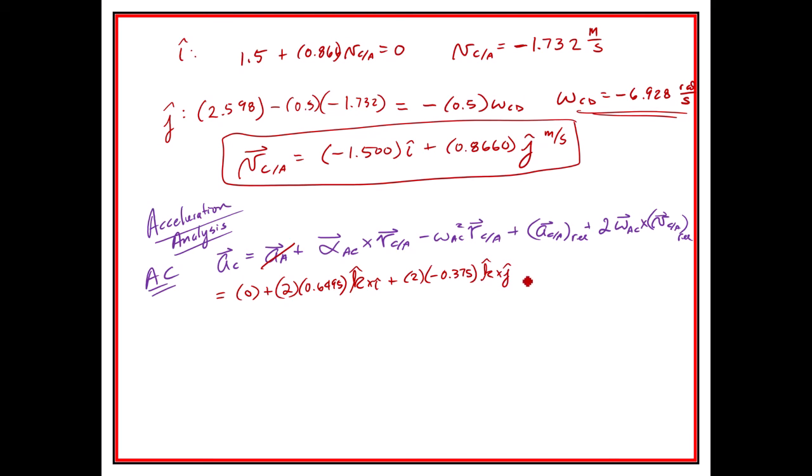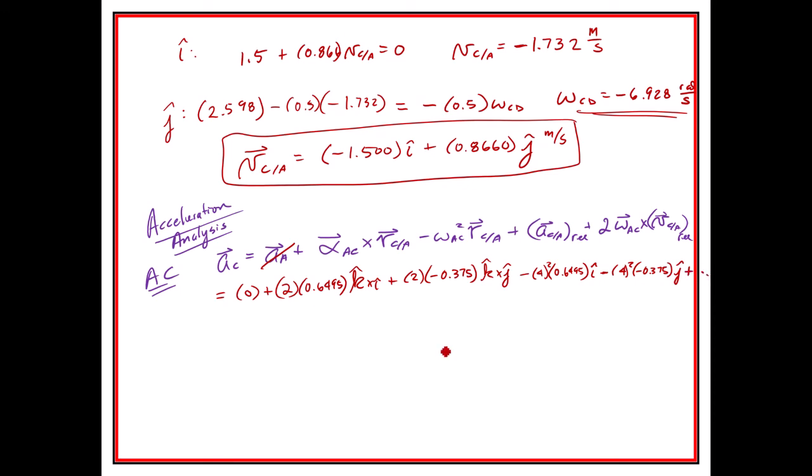And then I go minus 4 squared, 0.6495 I, minus, right there, because that minus comes from that one right there, 4 squared negative 0.375, and that's j, plus dot dot dot.